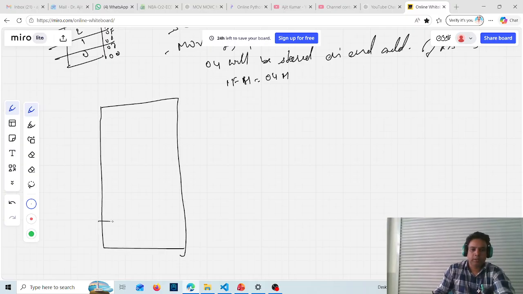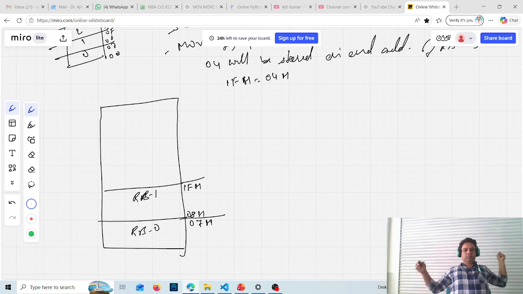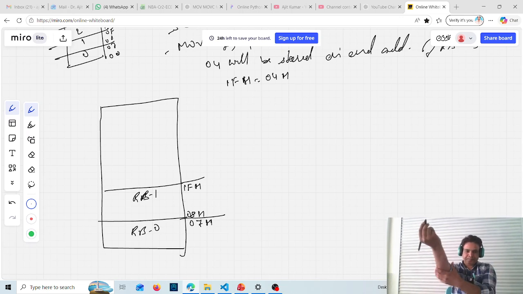This is register bank 0, whose starting address is 00 and end address is 07H, and then this is register bank 1, 8 plus 8, 16, that is 1FH, the end address.